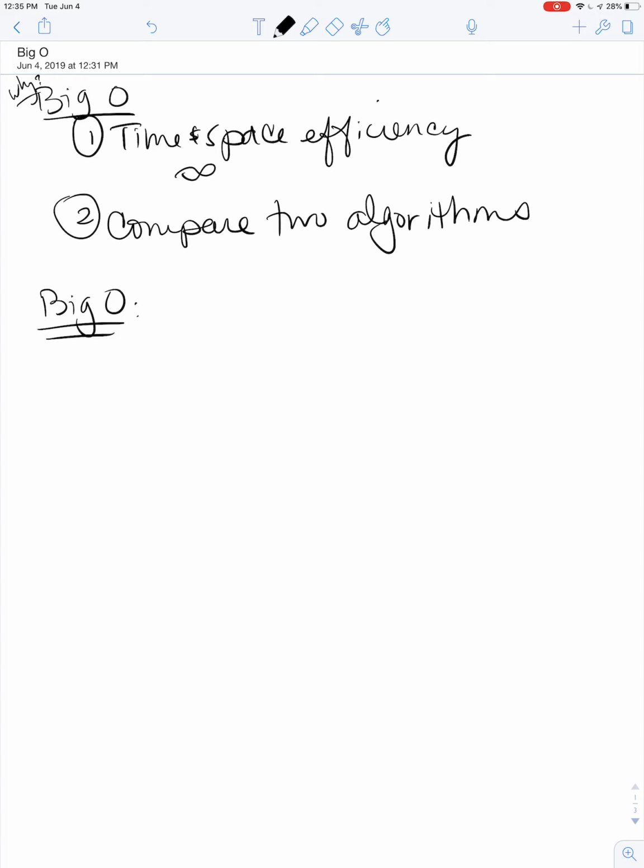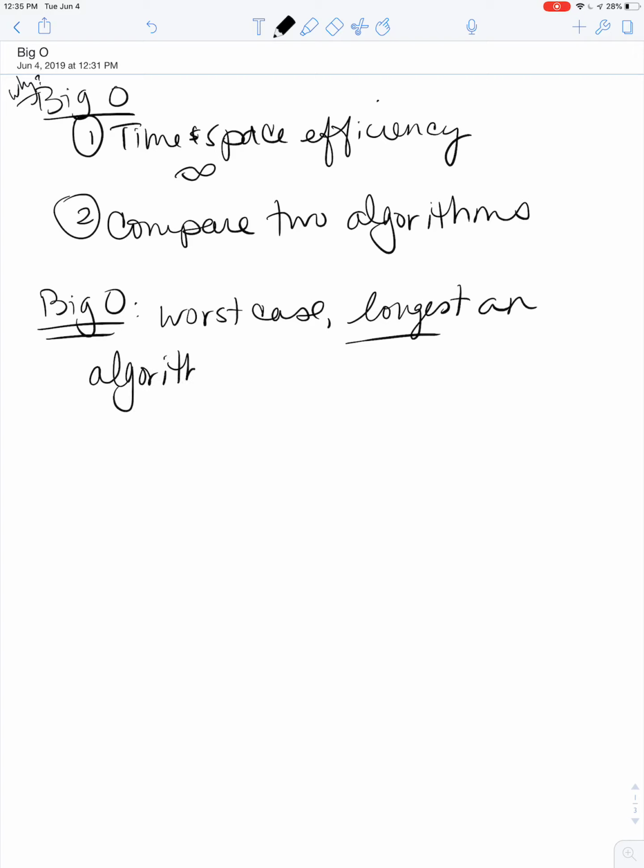And then big O itself is concerned with, in the worst case scenario, what's the longest an algorithm might take. And this is going to be in terms of algorithmic steps.